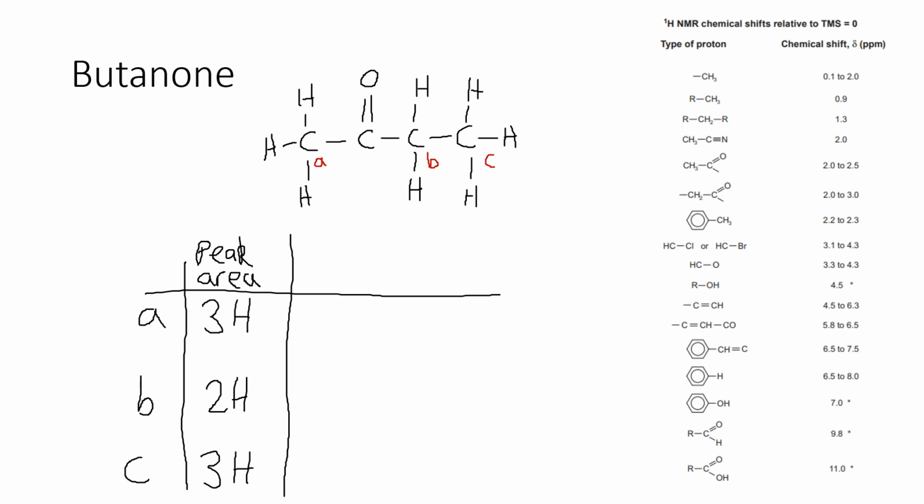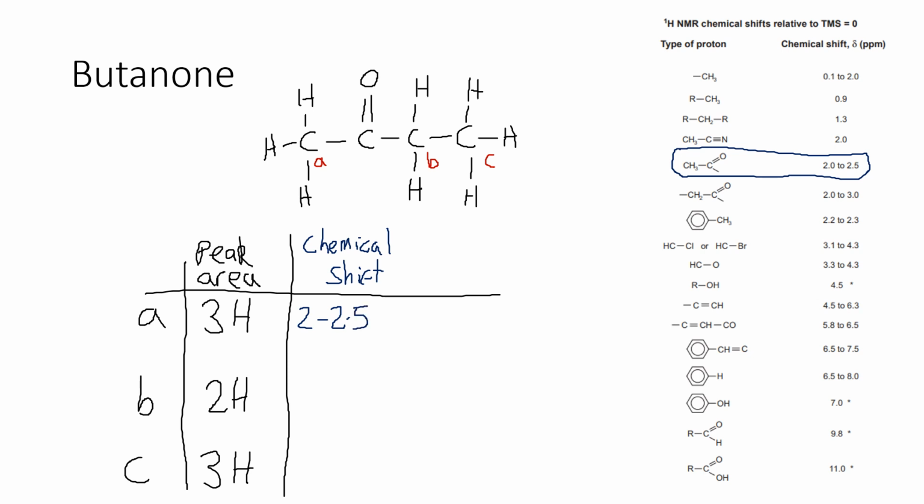Next thing we could look at is chemical shift. Where would you expect it to be on the x-axis on our graph? So A is a CH3 group next to the C double bond O. So that's the same, that's this bit here, this 2 to 2.5. So we just simply write it as 2 to 2.5.